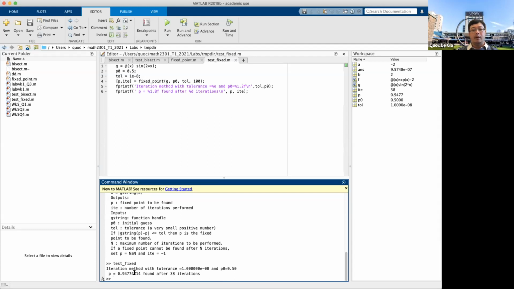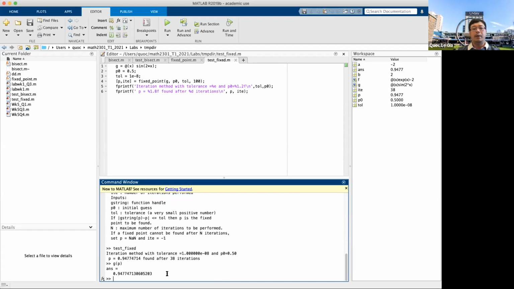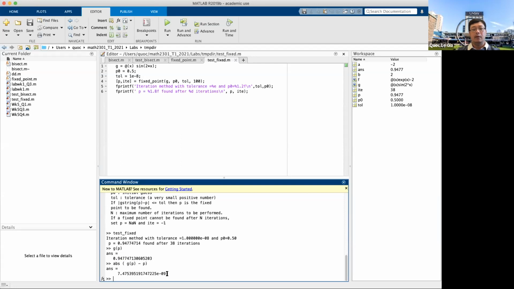So GP, remember GP has to equal P. So GP, okay, absolute of GP minus P. Okay, so 7 times 10 to the minus 9, so less than the tolerance.